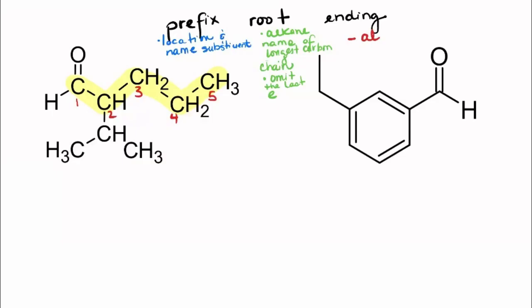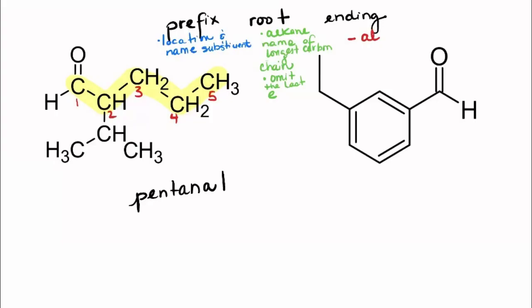That means that the root name is going to be pentane, but we are going to omit the last E. Since this is an aldehyde, we're going to put the ending al. So the parent chain that is made by the root and the ending is pentanal.